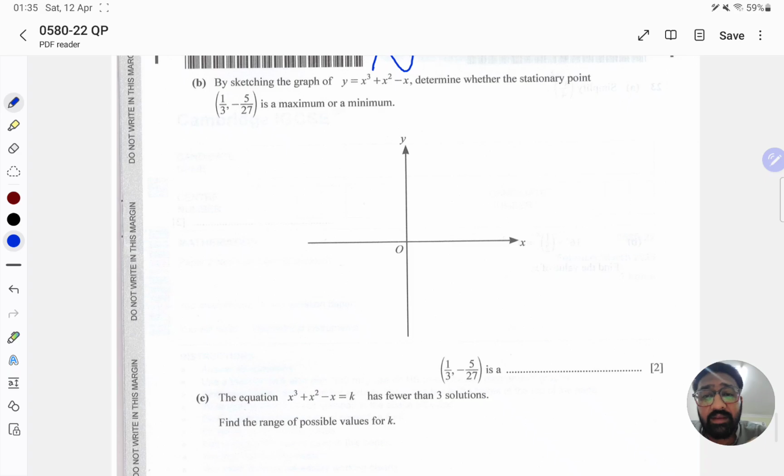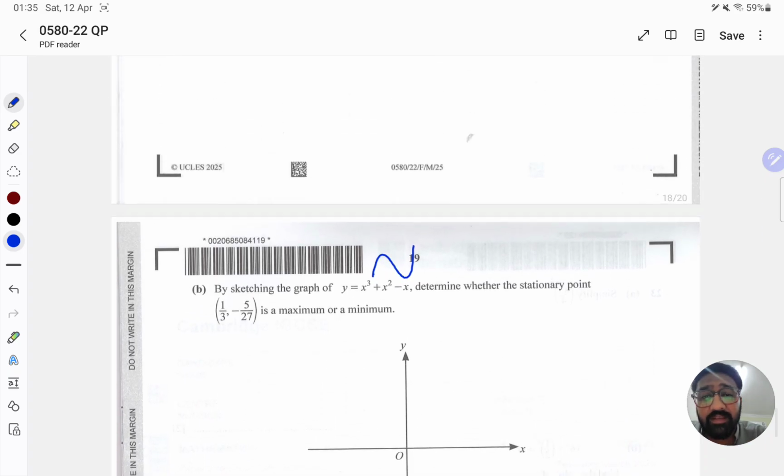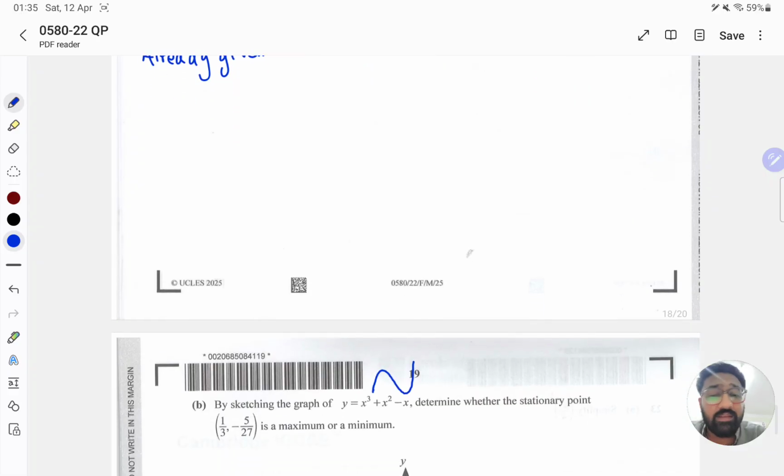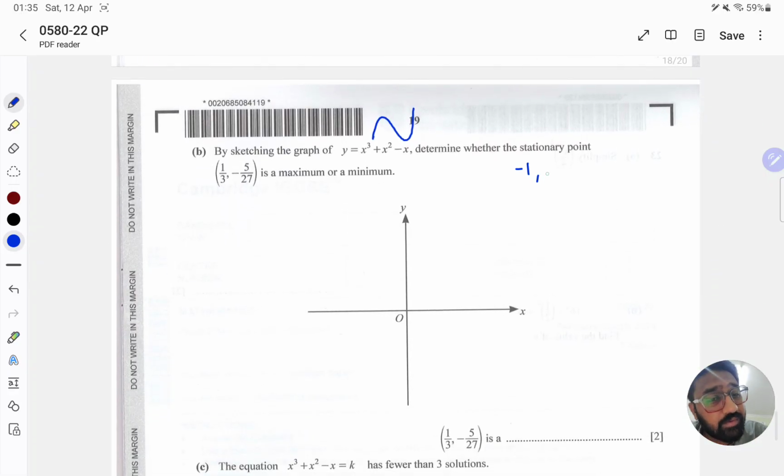So we are aware of the stationary points as well. Let me write them here. One is already written, the other is minus 1 and plus 1. The other one is already here. So let me mark the points. This is going to be plus 1. This is going to be minus 5 by 27. The value of x that I require is 1 by 3.